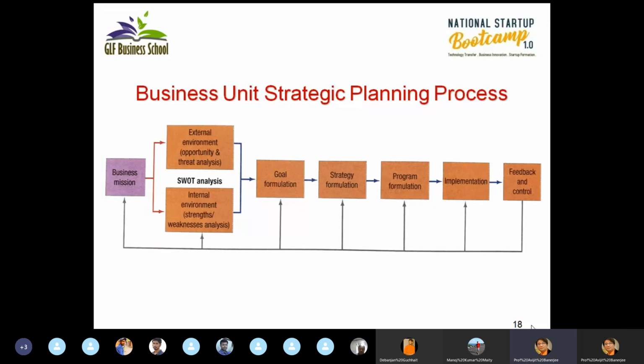We will briefly examine each step. It starts from the business mission, which I discussed. Each business unit needs to define its specific mission within the broader mission of your organization.